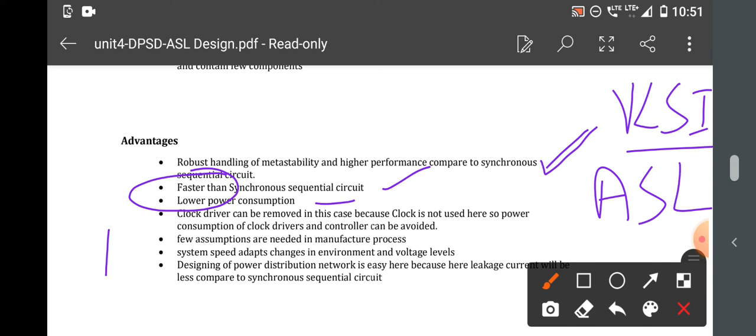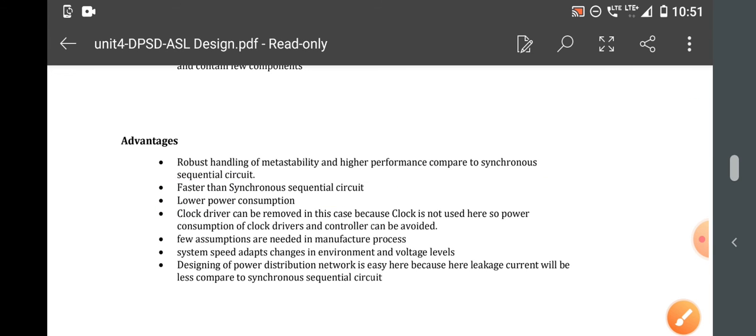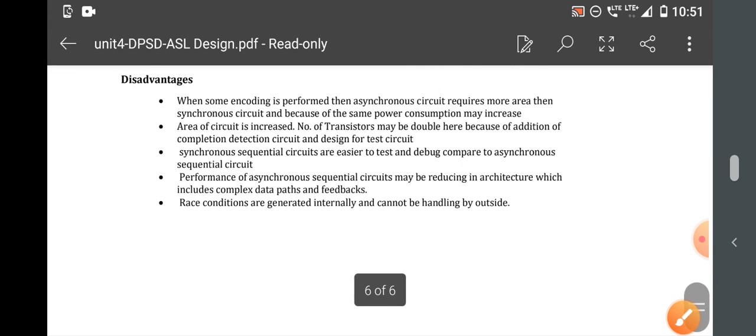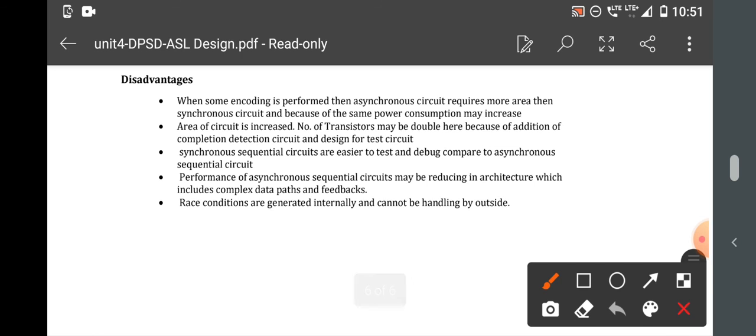These ASL circuits are easily used in the manufacturing process of a chip. It is capable of adapting to any changes with respect to the environment as well as the voltage levels. The disadvantage of the circuit is only one thing: it's quite complicated to design. Design is really difficult unless you understand the concept and how we make a merged state diagram.